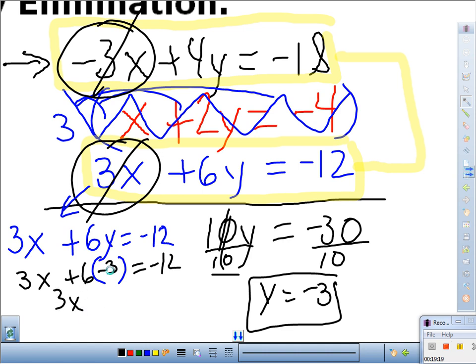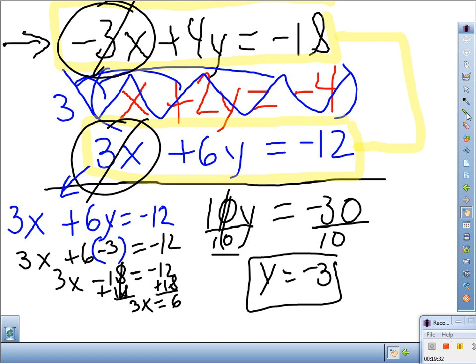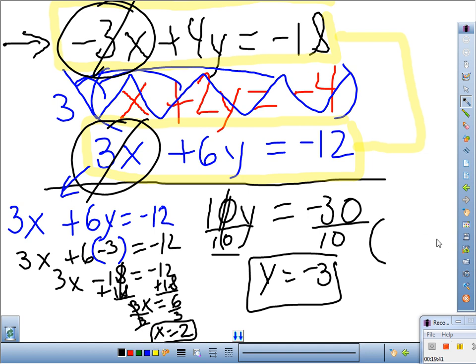What is 6 times negative 3? Negative 18 equals negative 12, plus 18 plus 18. 3x equals 6. Divide by 3. X equals 2. Therefore, my solution is 2, negative 3.